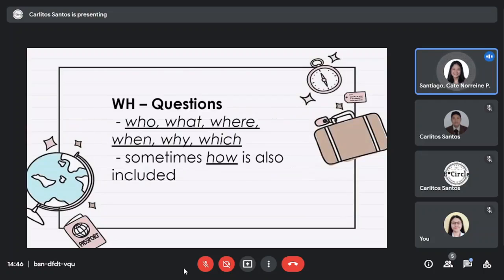Last, we have here the WH questions. These sentences often ask with these words: who, what, where, when, why, and which, and sometimes how. Here is the set of sentences.